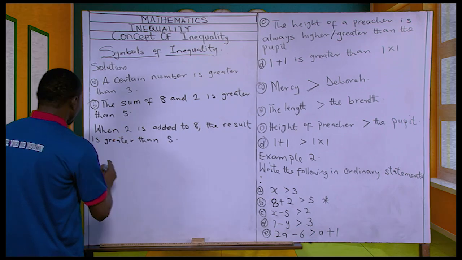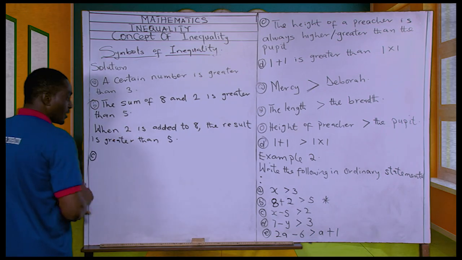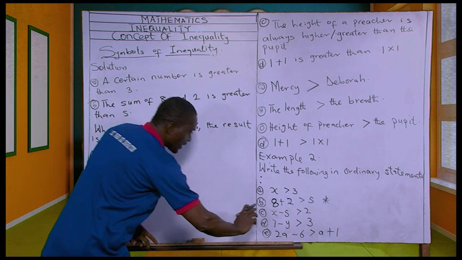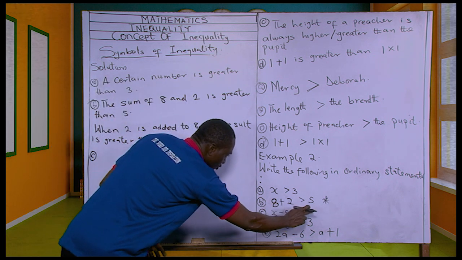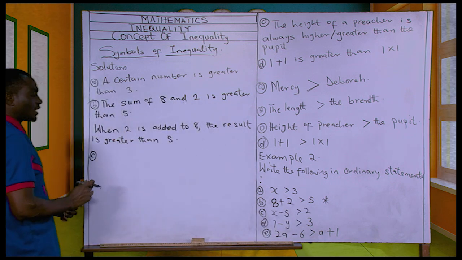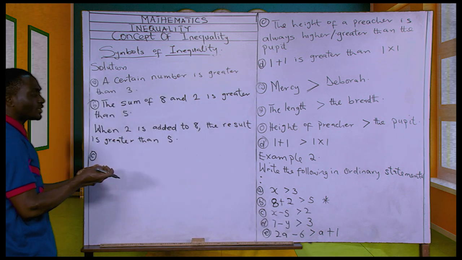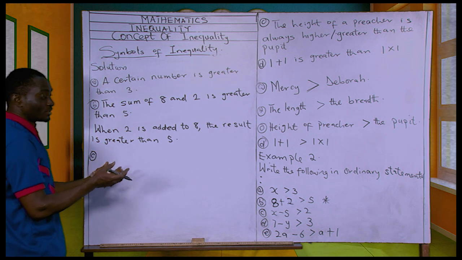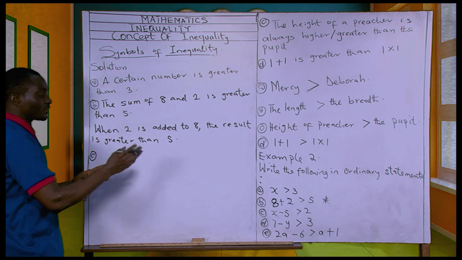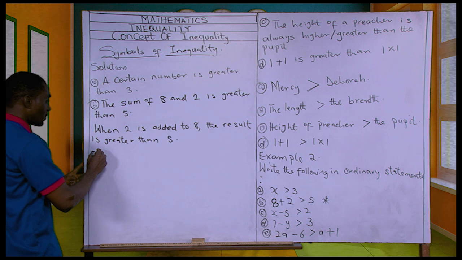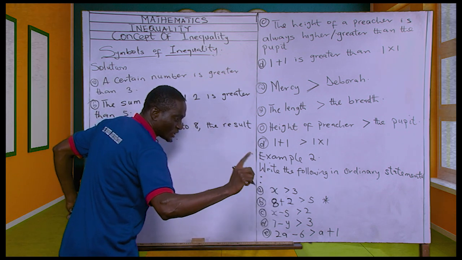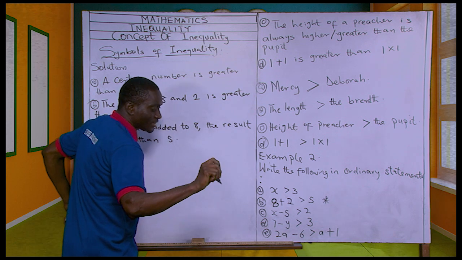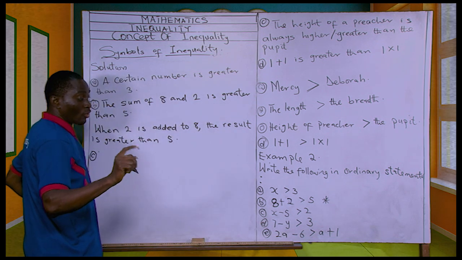Let's move to the next. We have question C: x minus 5 is greater than 2. How do we write it in an ordinary statement form? This x is a letter which represents a certain number that is unknown.